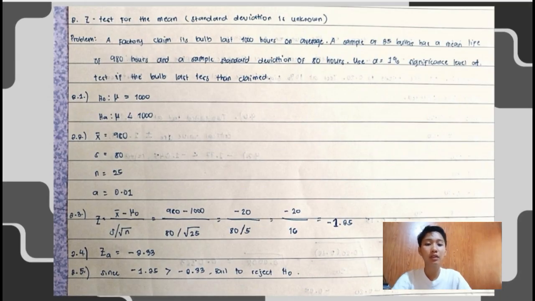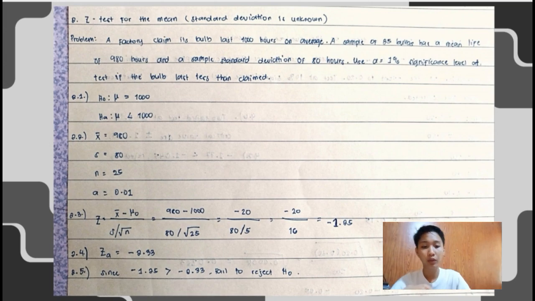So the next example is the t-test for the mean. The standard deviation is unknown. So the problem is, a factory claimed its bulb lasts 1000 hours on average. A sample of 25 bulbs has a mean life of 980 hours and a sample standard deviation of 80 hours. Using a 1% significance level, test if the bulb lasts less than claimed.